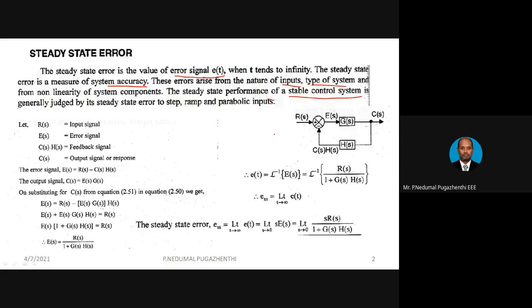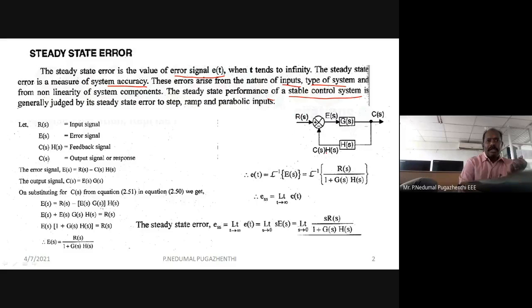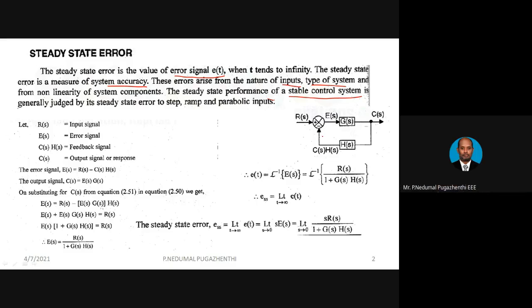We know that this is a general block diagram for a closed loop system. R(s) is the reference input, G(s) is the open loop transfer function, C(s) is the response, H(s) is the feedback transfer function, and the difference between R(s) and C(s)H(s) as per this block diagram is termed E(s).